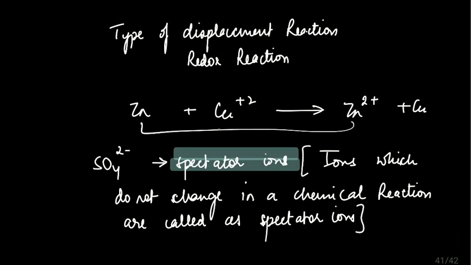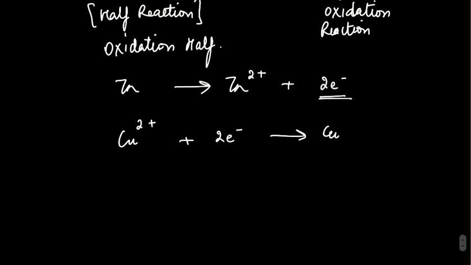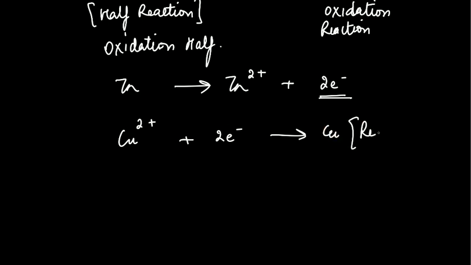So zinc to zinc 2+ is oxidation, loss of electrons; 2+ to 0 is gain of electrons, that is reduction. If an atom has gained 2 electrons, obviously it is getting neutralized. The same electrons lost from zinc, it has gained back. So this is called the reduction half reaction.